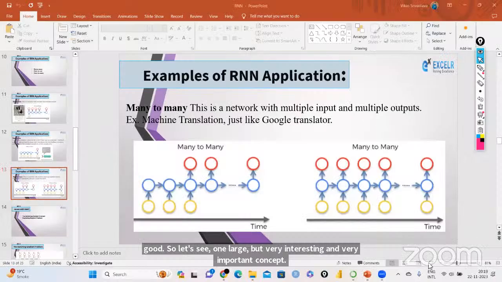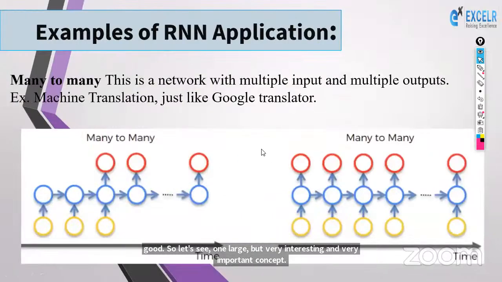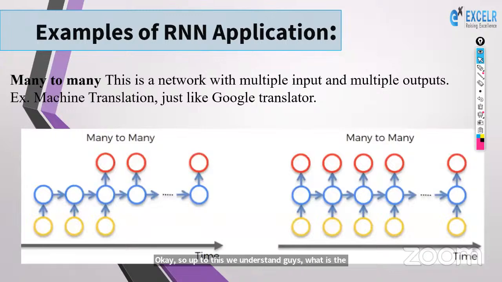Okay, cool. So let's see one last but very interesting and very important concept of RNN. Up to this, we understand, guys, what is the basic artificial neural network, how the information is flowing from input layer to output layer, what calculations the hidden nodes will perform, and then how the optimizer will try to adjust or optimize the weight values through the method called backpropagation.